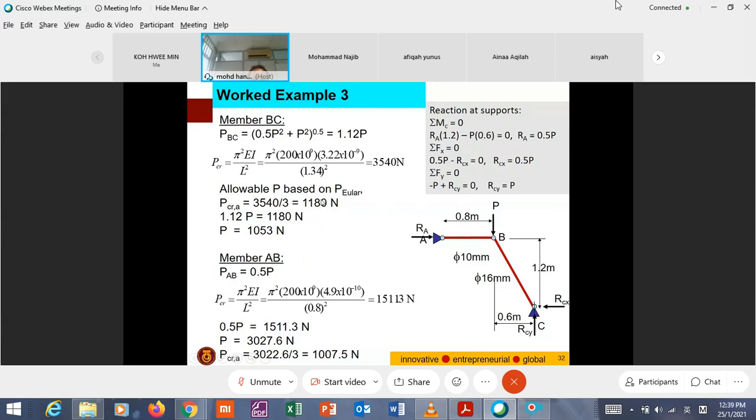Based on P Euler means based on 3540, because 3540 is the Euler buckling load. In our scope, all critical buckling is based on Euler, not based on Rankine, Gordon or Perry-Robertson. So therefore, P equal to 1053 allowable.